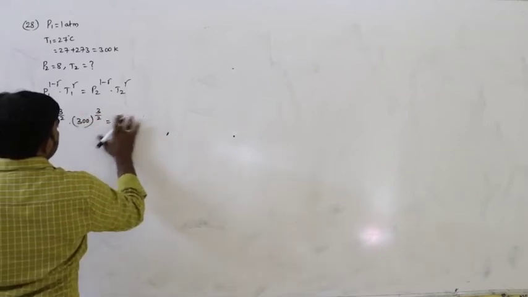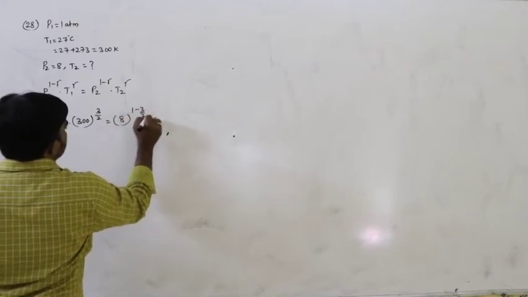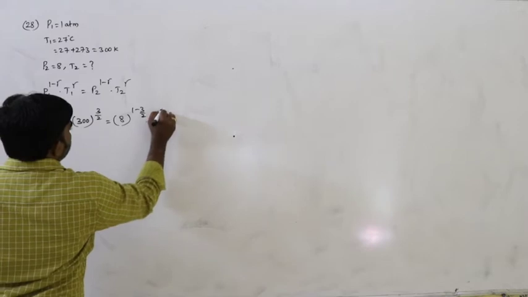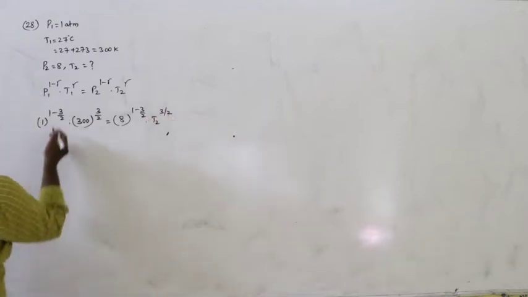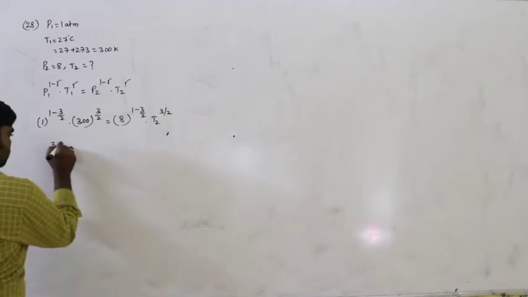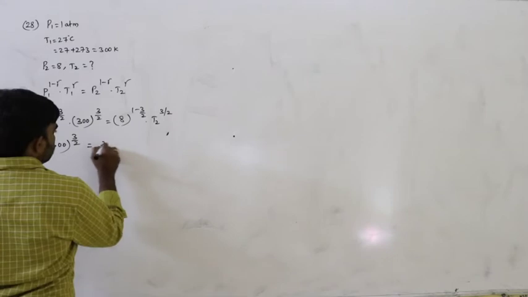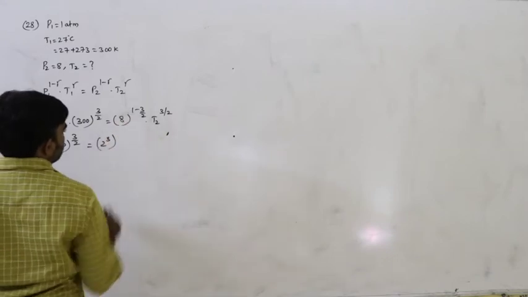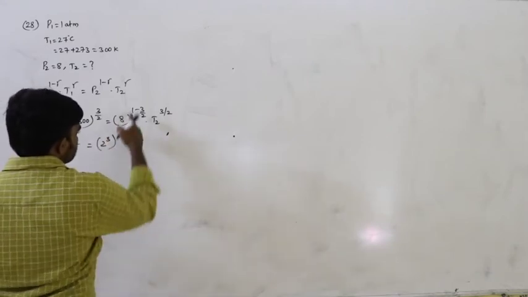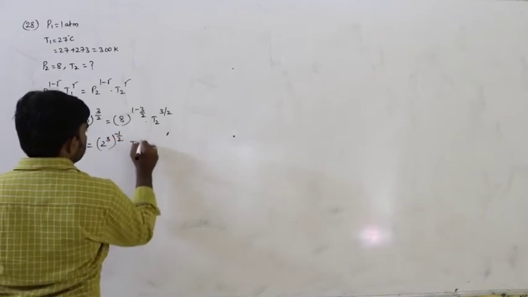is equal to P2 becomes 8 power 1 minus 3 by 2 into T2 power 3 by 2. 1 power anything is 1 only. So 300 whole power 3 by 2 is equal to 8, which is 2 cube, whole power 1 minus 3 by 2, that is 2 power minus 1 by 2, into T2 power 3 by 2.